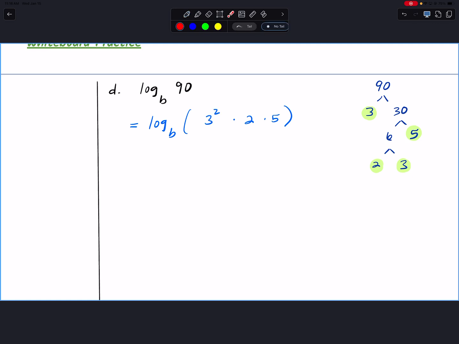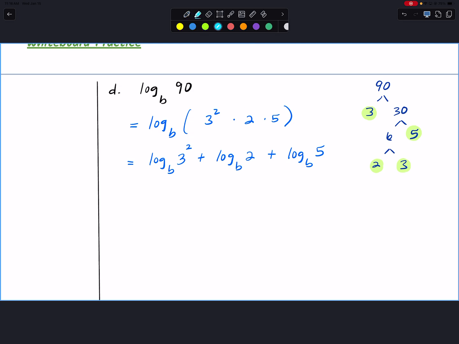Because don't I have a rule for that guy? Sorry, my laser's not working. I have a rule for that one, right? So what's multiplication mean with logs? Add. So this is going to be the same thing as log base b of 3 squared plus log base b of 2 plus log base b of 5. Okay, power rule.